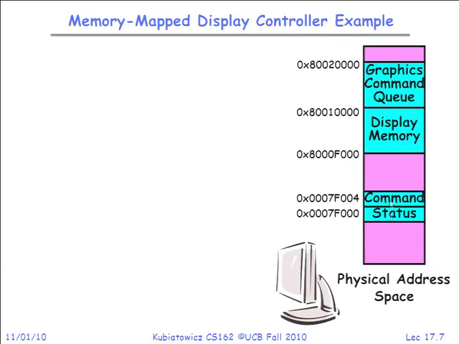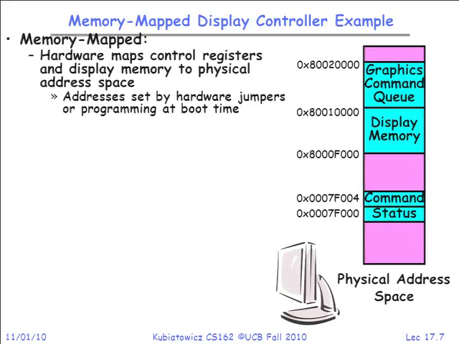As long as the CPU reads or writes these different parts of the address space, suddenly something happens to the device. So, for instance, by reading and writing 7F004, I can send a command or look at the status of a command, 7F000, just by writing or reading from those addresses. Is everybody with me?